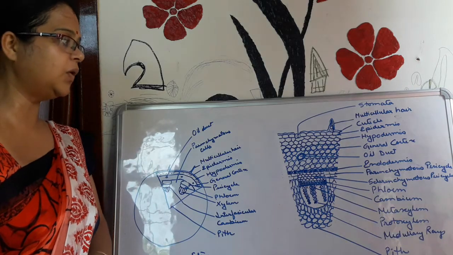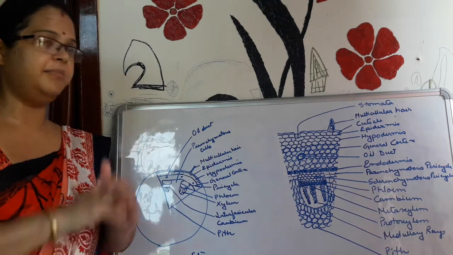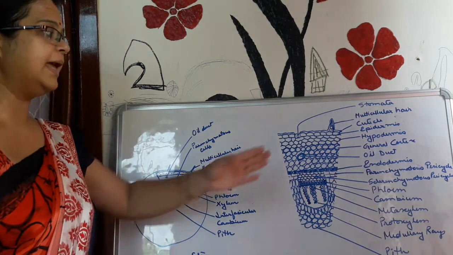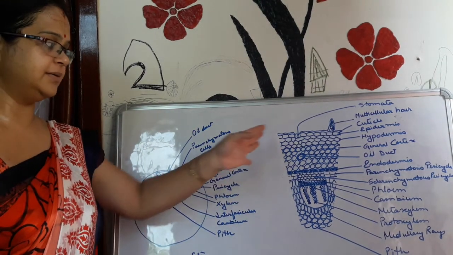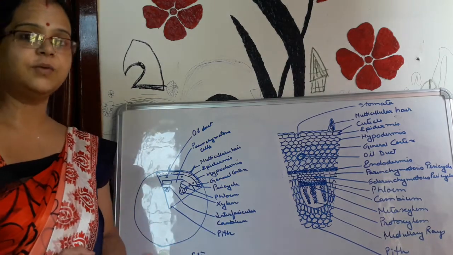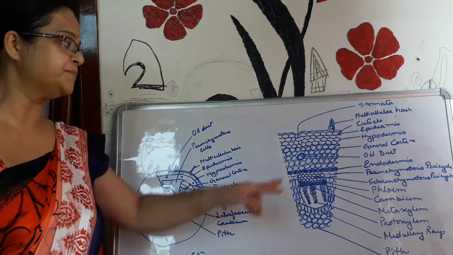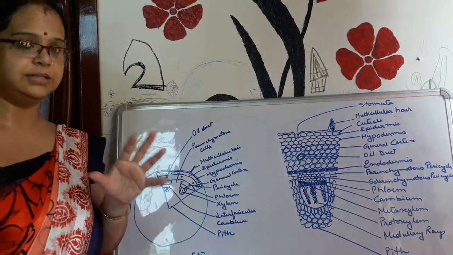The general cortex consists of parenchymatous cells. Their main function is storage of food. In between them oil ducts are present. Actually we are studying the sunflower stem, so we are drawing the diagram and continuing it. So these oil glands are present in between the general cortex cells.